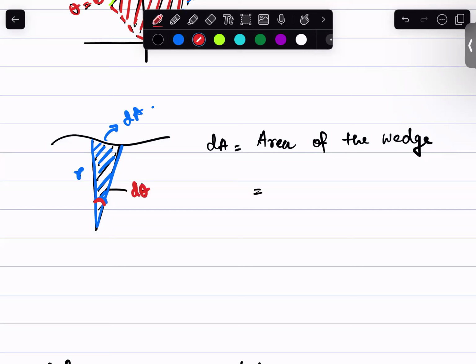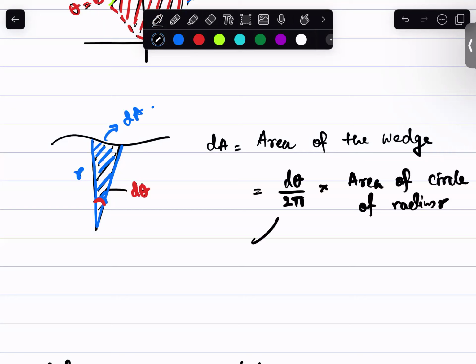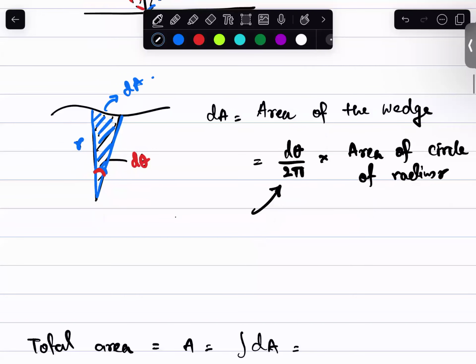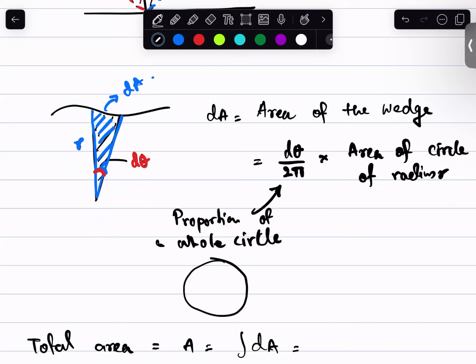Okay, so the area of this wedge will be d theta over 2 pi times the area of a circle of radius r. So d theta over 2 pi will be the proportion of a whole circle, right? Because if you consider the circle of radius r, then the whole angle of this circle is 2 pi.